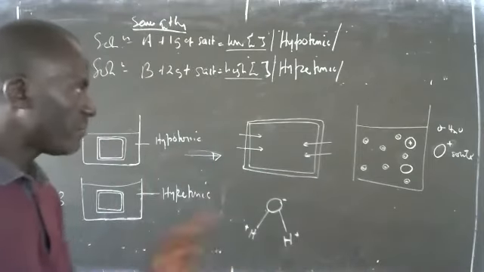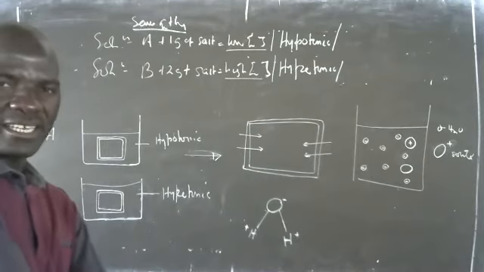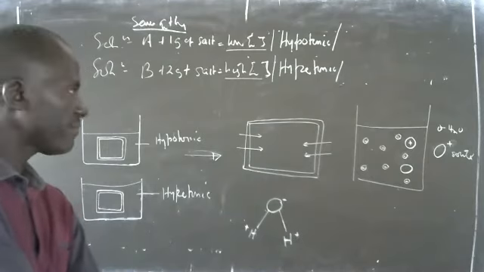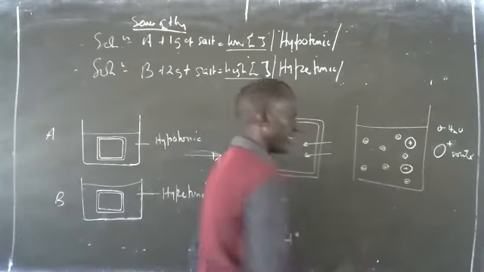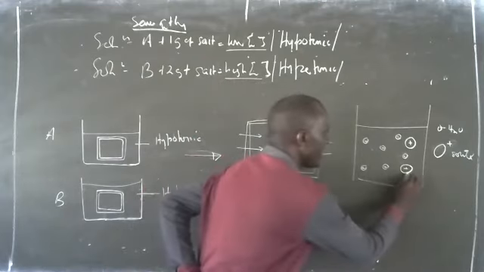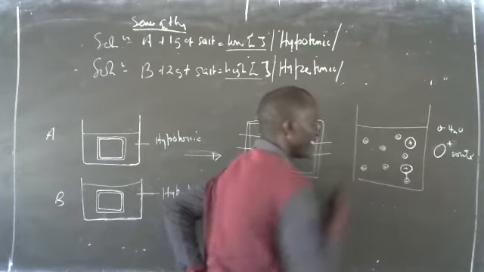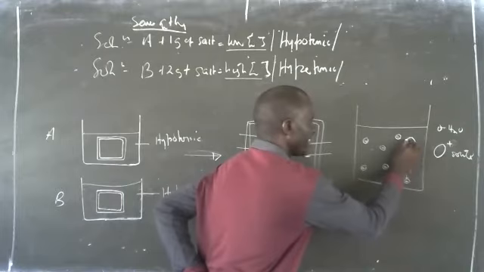But since I'm dropping in positive, let me take the negative charge of water. The moment I drop in these positive charge ions, there will be an attraction between the positive and the negative.